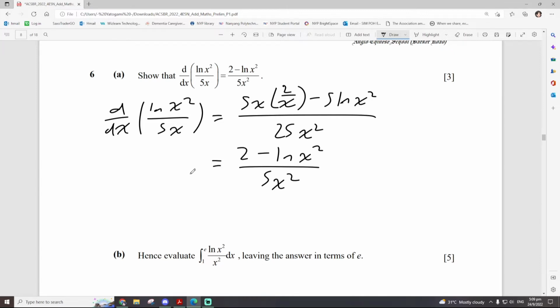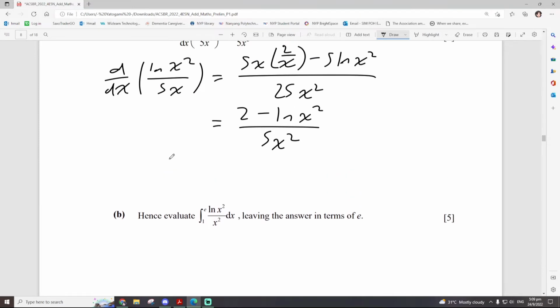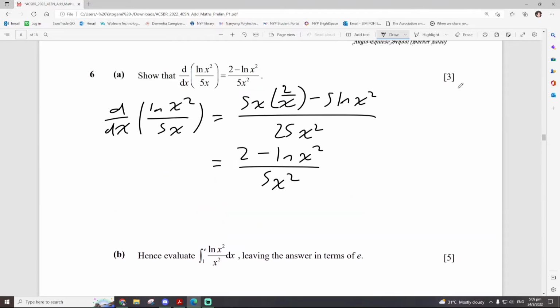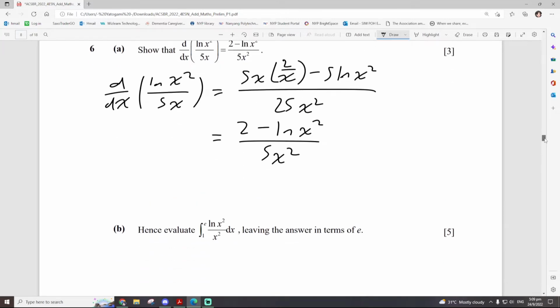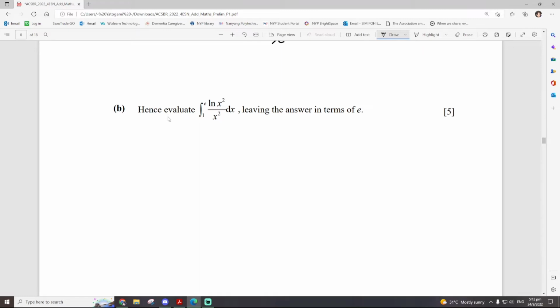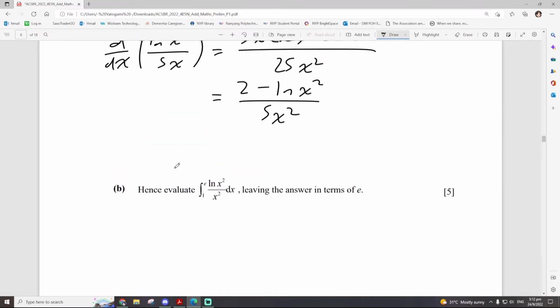Hence, evaluate this integral, 1 to e of ln x squared over x squared dx. So this is the differentiate, hence integrate kind of questions. So we know that integrating this will give us ln x squared over 5x.